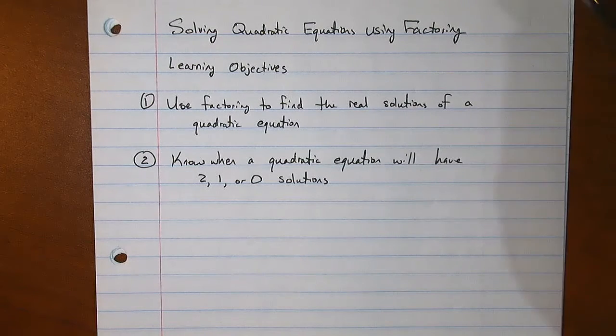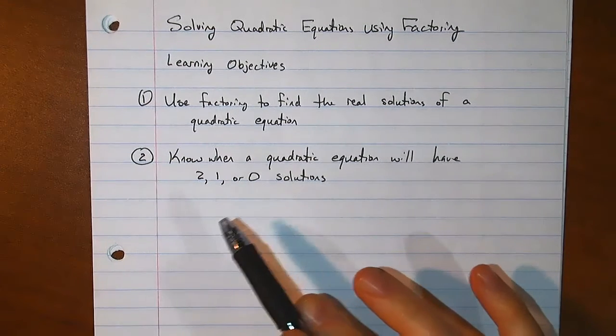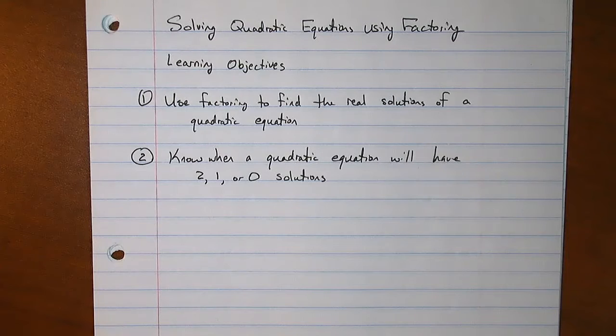And just like the first video, we're only looking for real solutions. So we're not worrying about imaginary numbers yet. The other thing is knowing when the equation will have 2 solutions, 1 solution, or 0 solutions. So we talked a little bit about that in the first video, but because these equations will look differently, the way that we will know how many solutions it has will also be different.